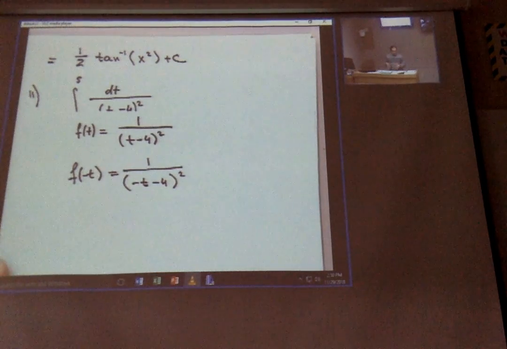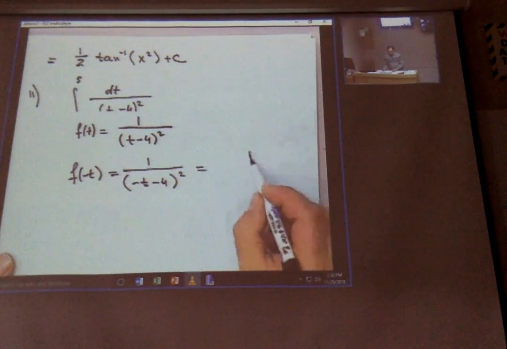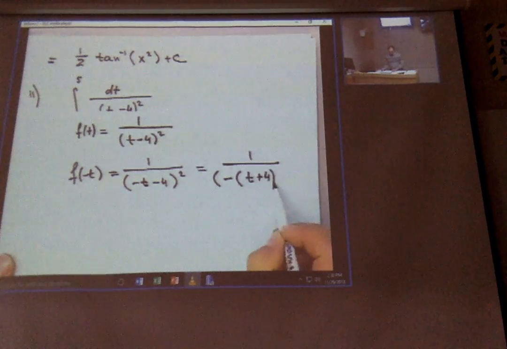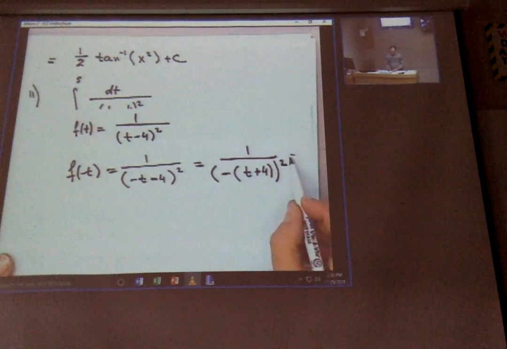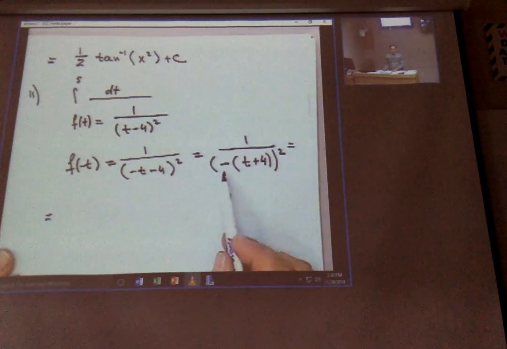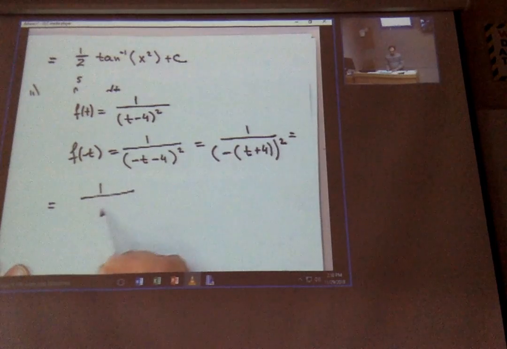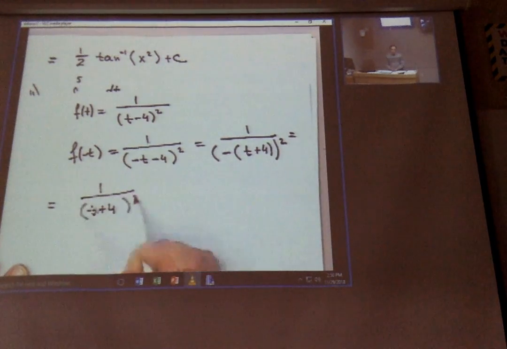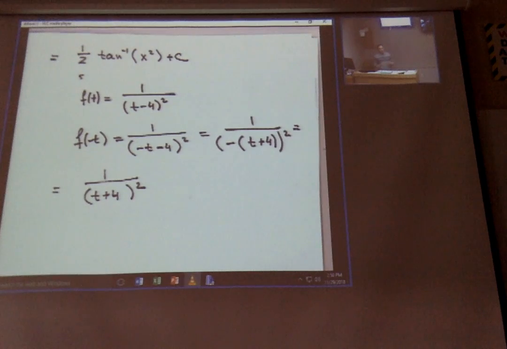So far so good, just substitution. Then 1 over, pull out negative. Then this is -1. -1 squared is what? Positive. So you will have something like this. What do you think? Neither, okay? So that doesn't work. So we cannot think about even or odd.